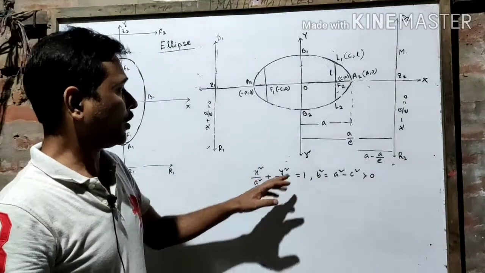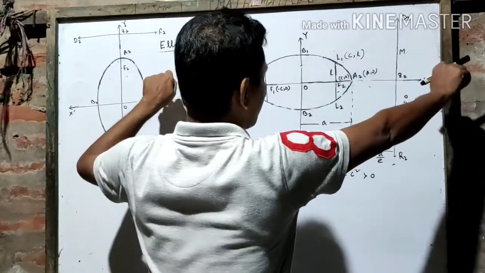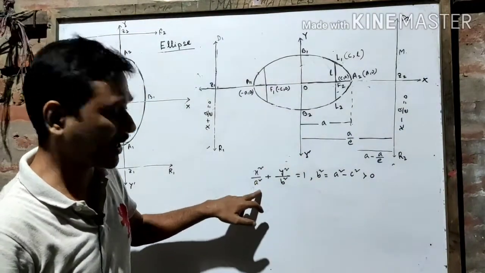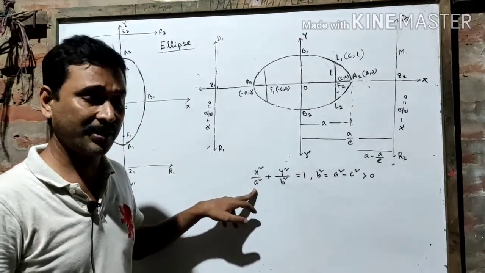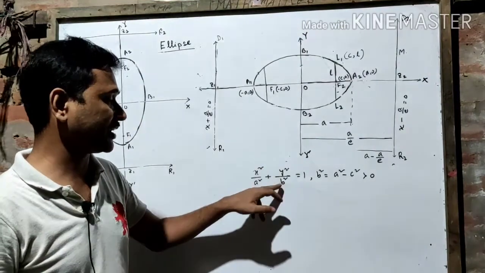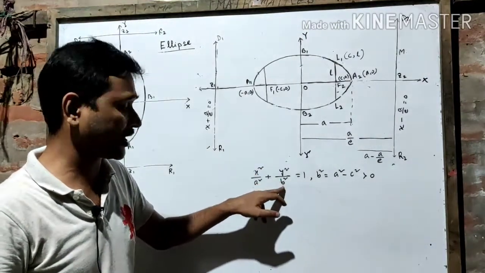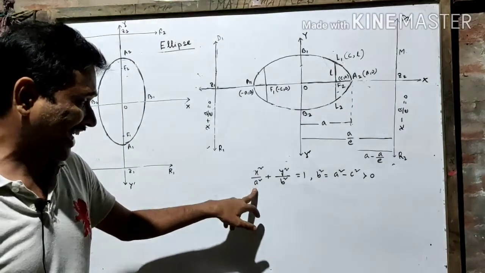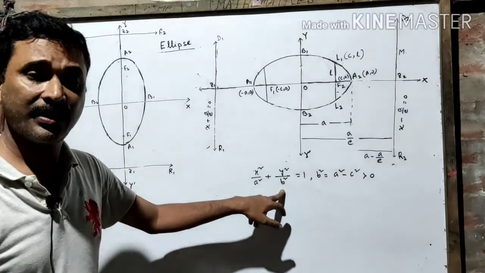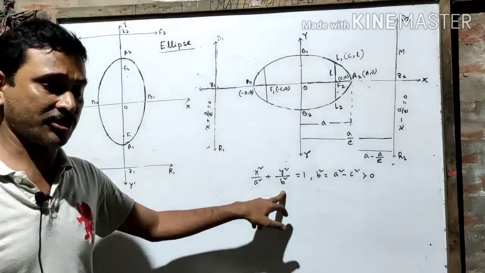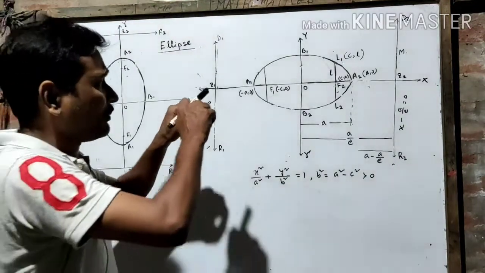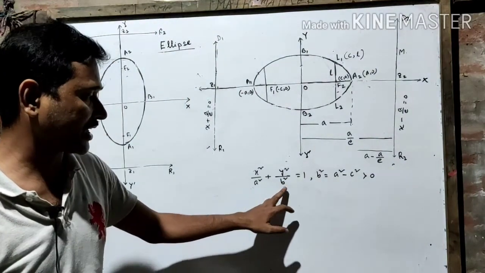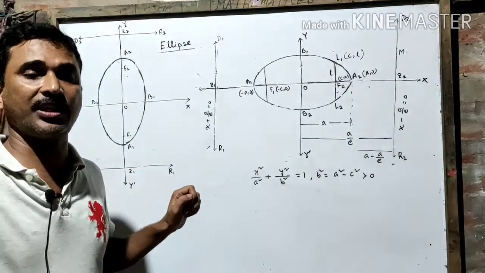So when the major axis is along x axis, the denominator of x square is greater than the denominator of y square. In this case, if a square is greater than b square, then the major axis is along x axis.